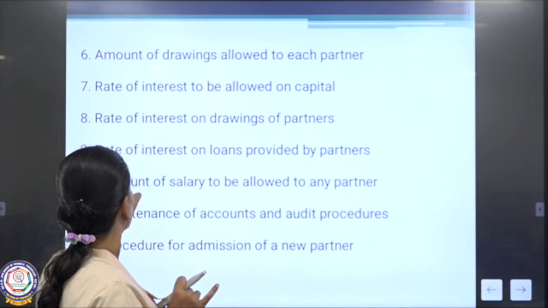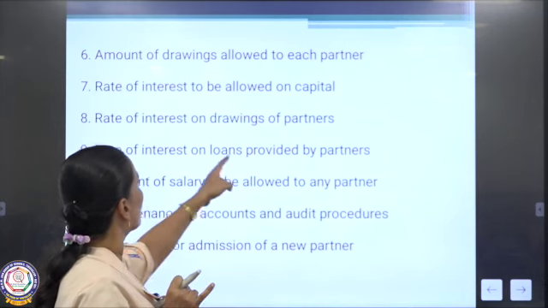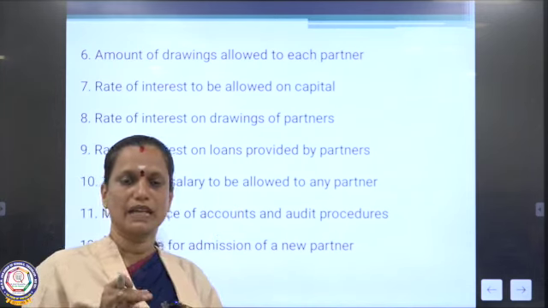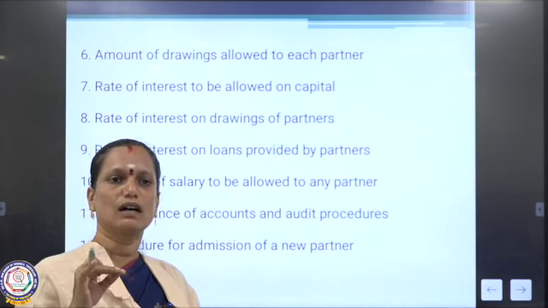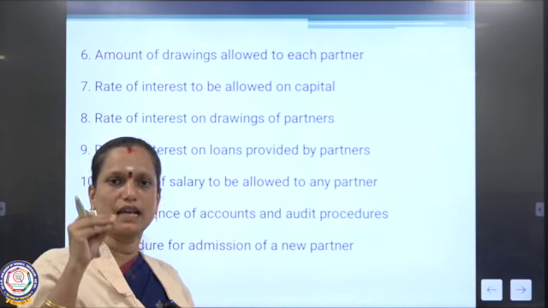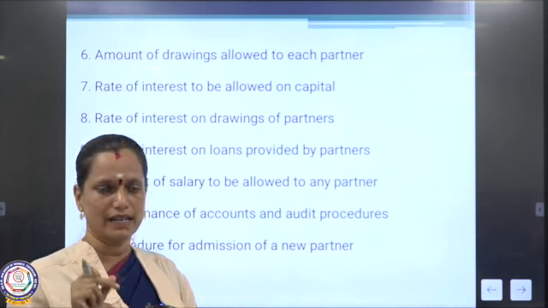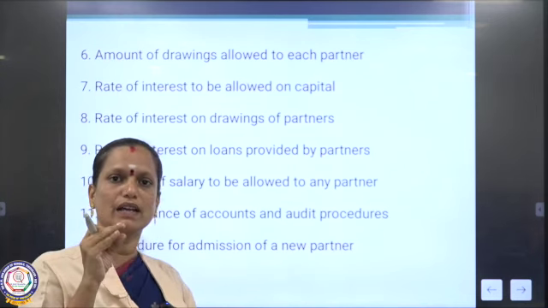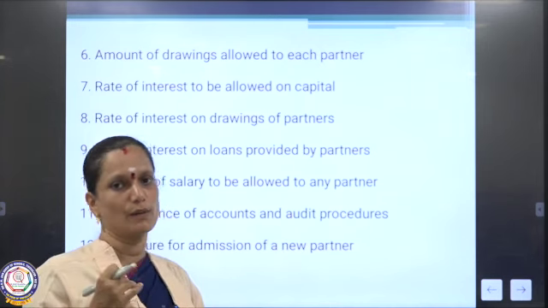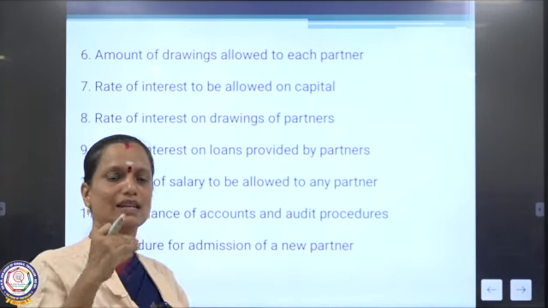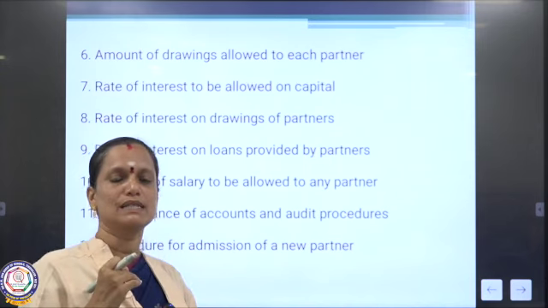And then the rate of interest on loan provided by partners. Any partner may give a loan to the firm. For example, a wealthy partner, as I already said, gives an additional amount as loan for the business firm. He will give 5 lakhs for the business.